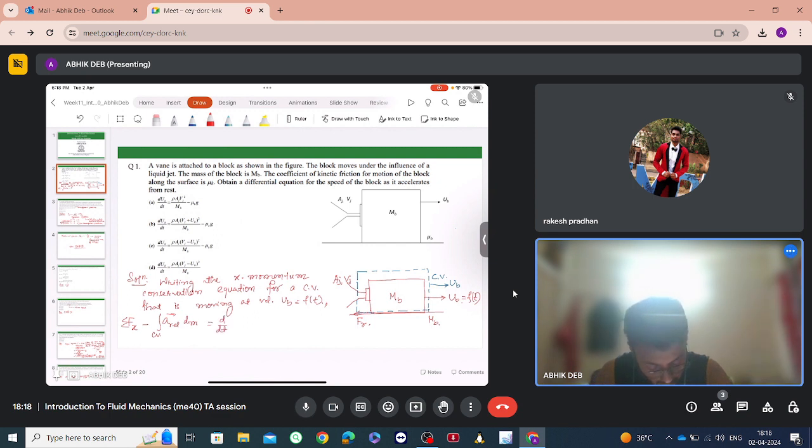Then d/dt of integration over the control volume of rho u dv plus integration over the control surface of rho u ur dot n cap dA. This is 0 since the control volume is not deforming or changing its volume with time. Okay.